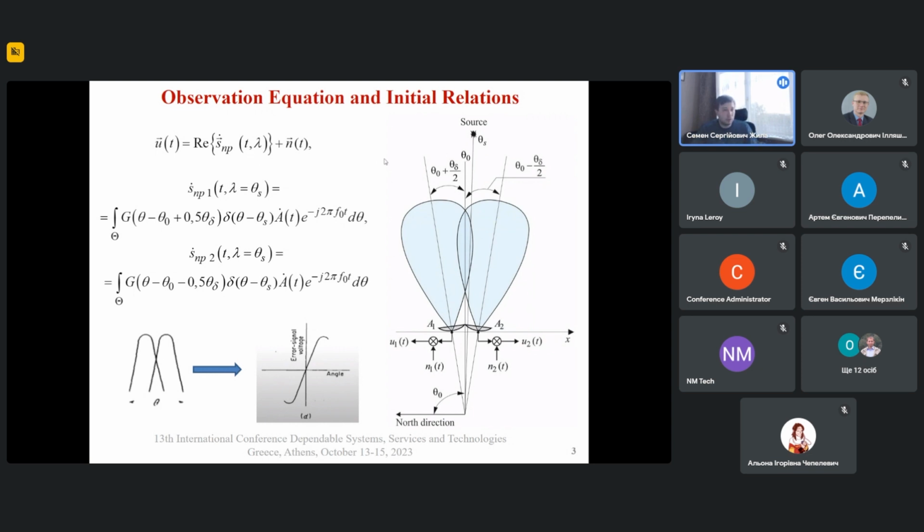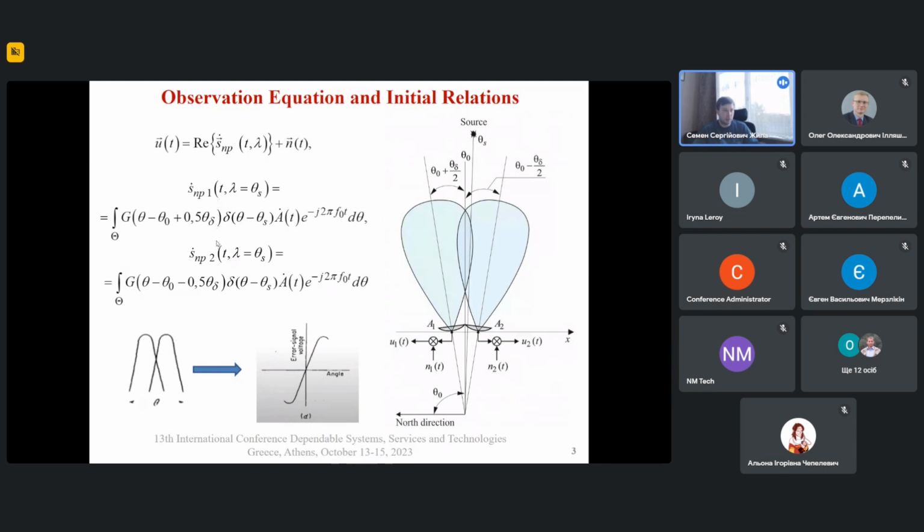And to specify the signals, we were using such a model as a convolution of the antenna pattern with the position of our dot source of radiation. And we predefine that we know the complex amplitude of the transmitted signal, and we know the central frequency of the transmitted signal.